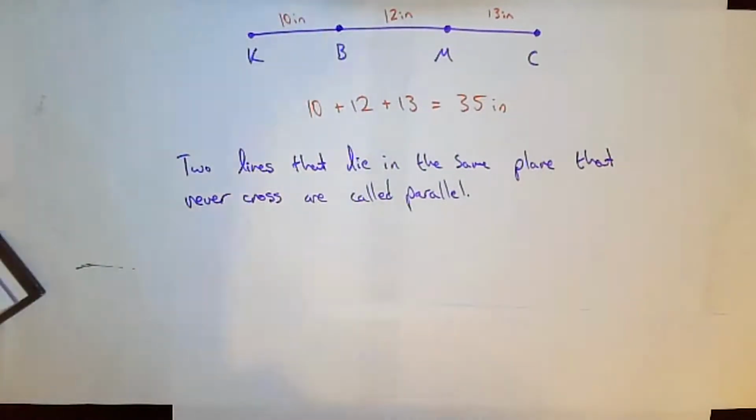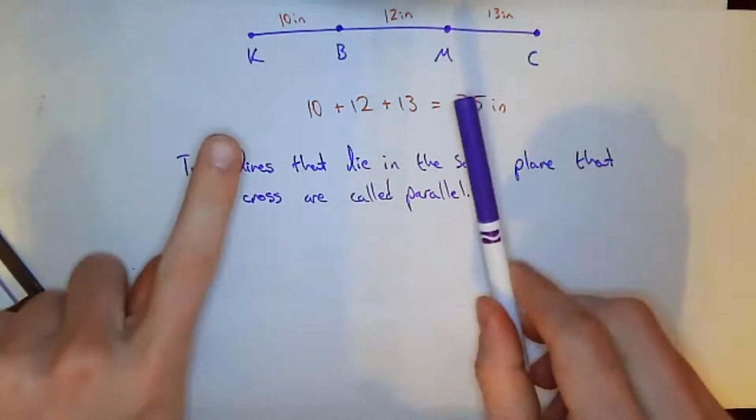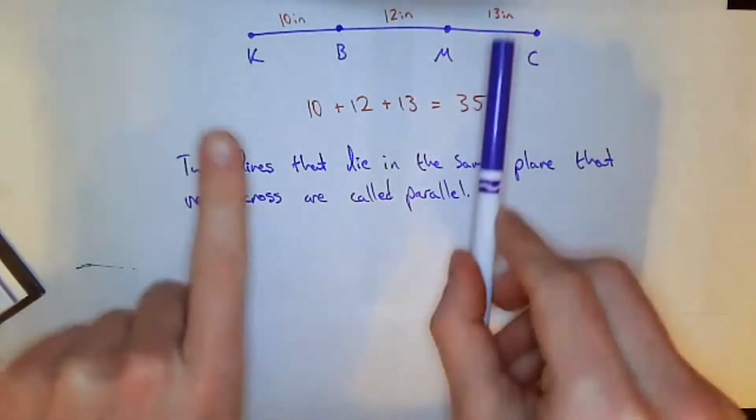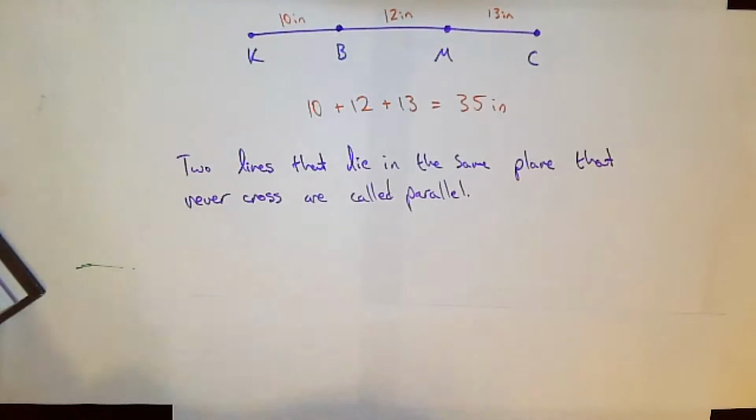Maybe you've heard the term orthogonal before. Orthogonal is just like a generalization of the word parallel. Let's not get into it. You've got two lines lying in the same plane that never cross, so they're like this. They're never going to cross. They're called parallel.